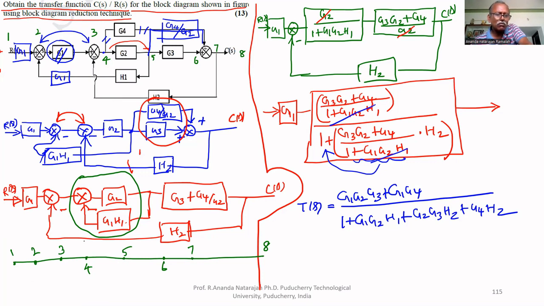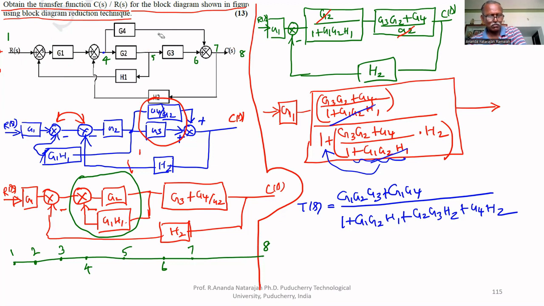Between 1 and 2, no blocks are there, that's why the gain is 1. Between 2 and 3, G1.